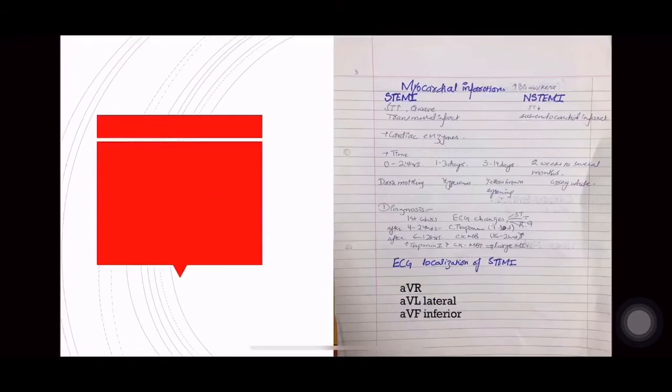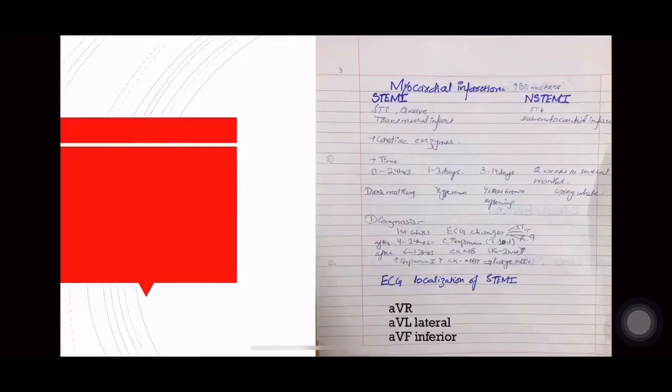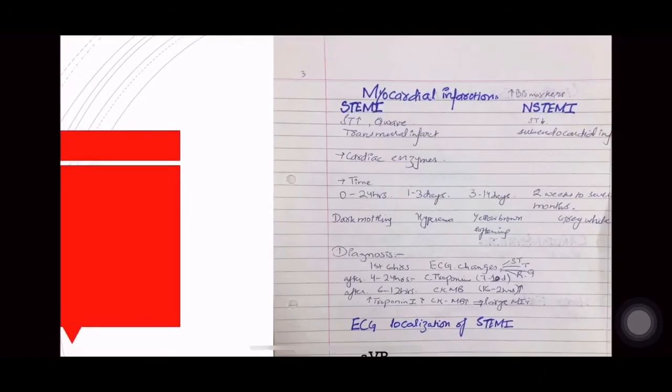Next, we have myocardial infarction. Now, in myocardial infarction, we have ST segment elevation MI, STEMI, and we have non-ST segment elevation MI. That is important from an MCQ point of view. In ST segment elevation, we have increase in ST and Q wave, transmural infarct, cardiac enzymes.